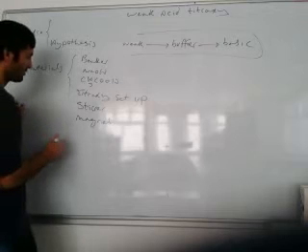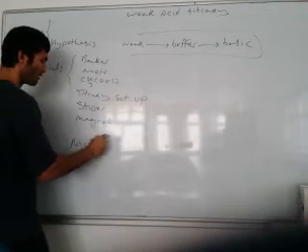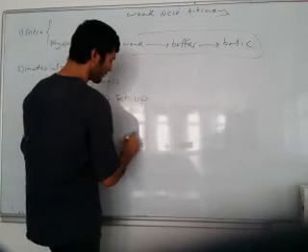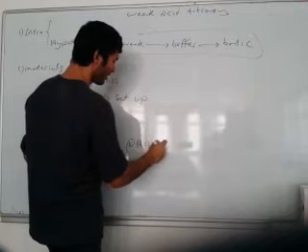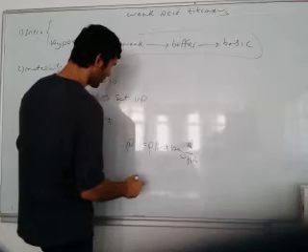Besides, there are some equations you needed: molarity, moles over liter, you need to know it. And the Henderson-Hasselbalch equation, pH equals pKa plus logarithm of A minus over HA.